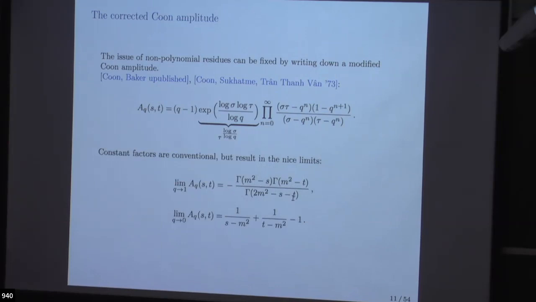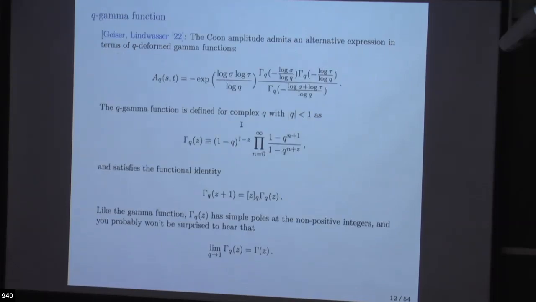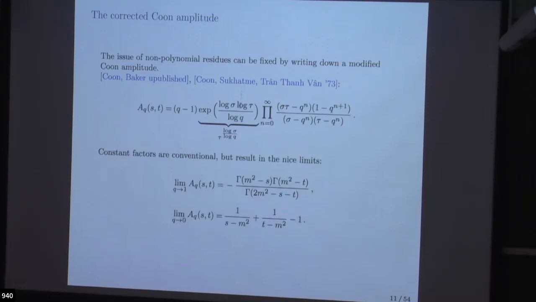But there are also the arguments of the gamma function that are 1 over log q. Yes, that's right, in the next slide. This limit is a little non-trivial. It's not just this factor on its own that goes away. Which factor? This exponential factor. Oh, this factor does just go away.